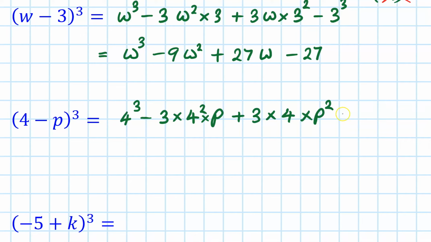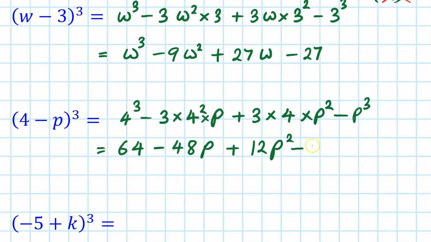Minus p cubed at the end. Now we have 4 cubed, 4 times 4, 16 times 4, 64, minus 4 squared is 16 times 3, 48p, plus 4 times 3, 12p squared, minus p cubed.